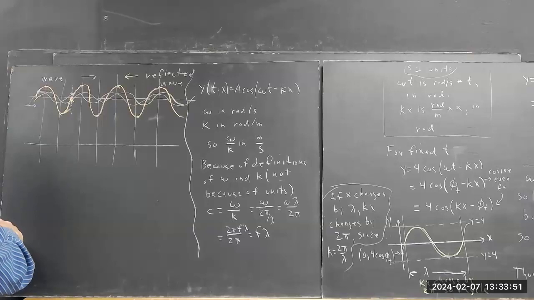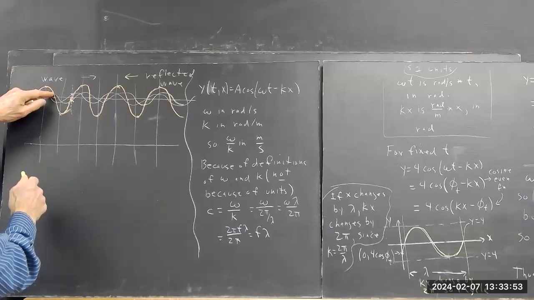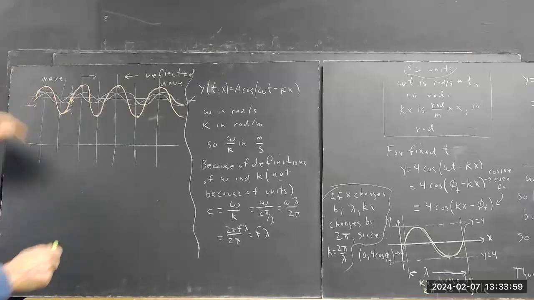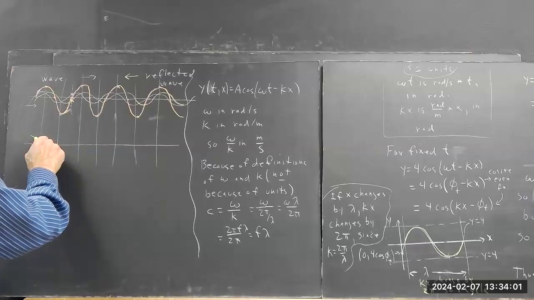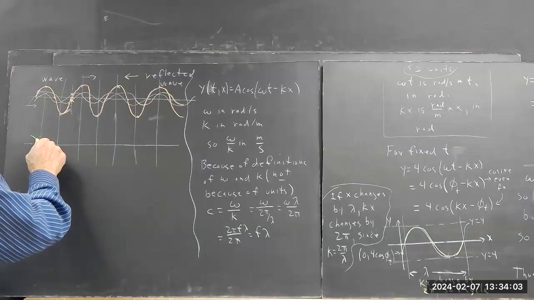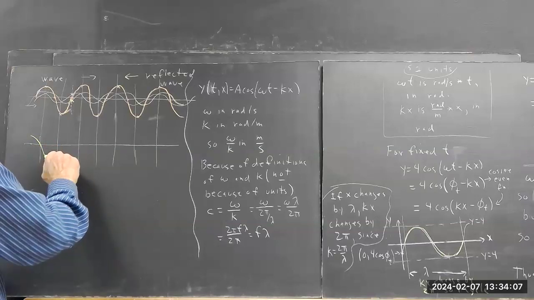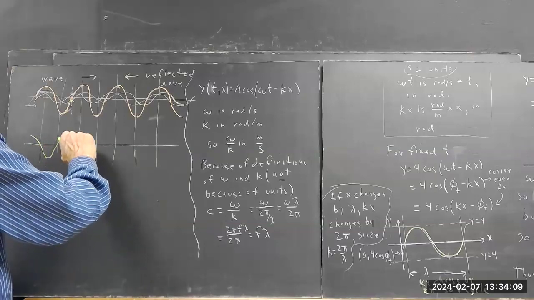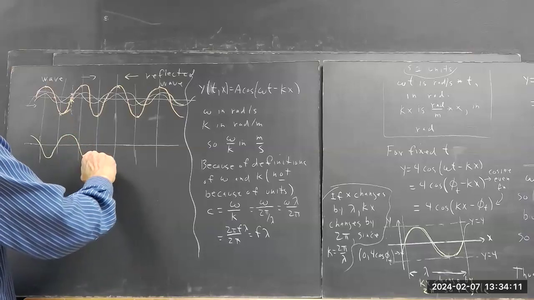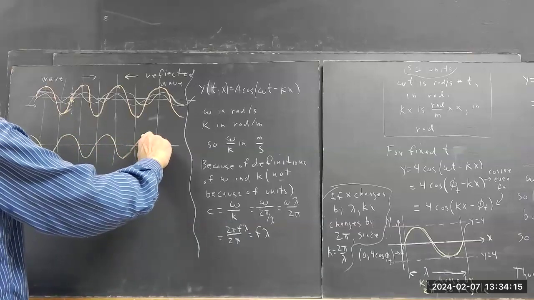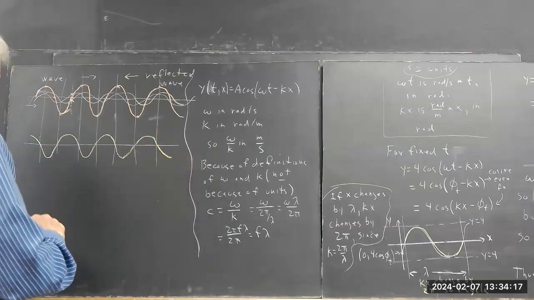So I'm going to draw the green graph so that its peak is over here where this zero point was. I'm going to draw it like this. It's going to have to go down here, up the valley here, even up here, down here. Something like this.